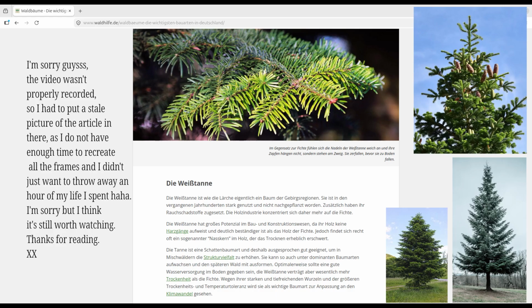Sie ist in den vergangenen Jahrhunderten stark genutzt. Stark, in English you would say strongly, in German it's just strong, stark, strong, genutzt. This derives from the word nutzen, which means to use, and genutzt means to be used or like used in general, so it is being used basically.